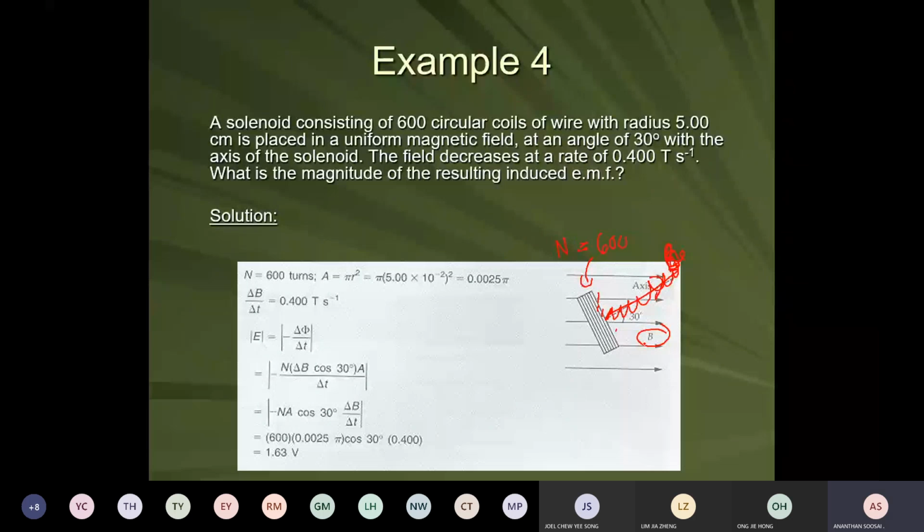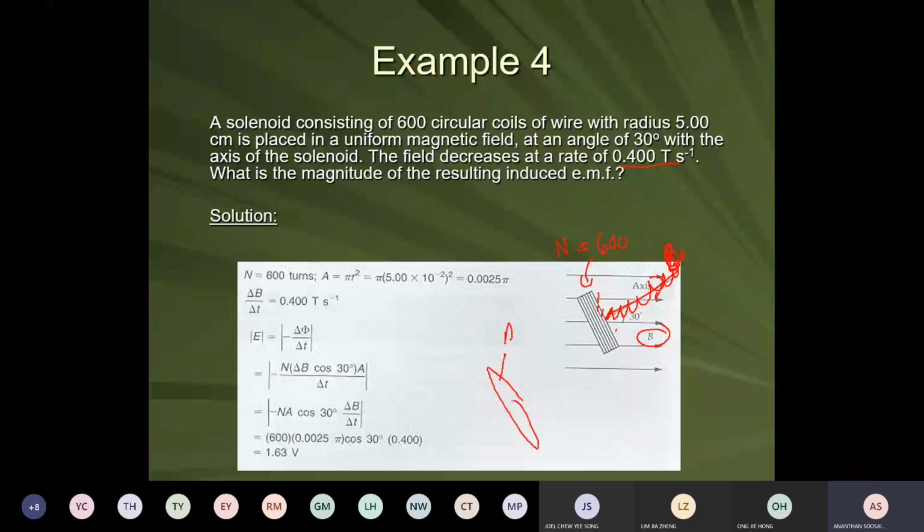Now they said the field decreases. This is something new. The field decreases at a rate of 0.4 Tesla per second. What is the magnitude of the resultant induced EMF in the coil? So the surface area is like this.